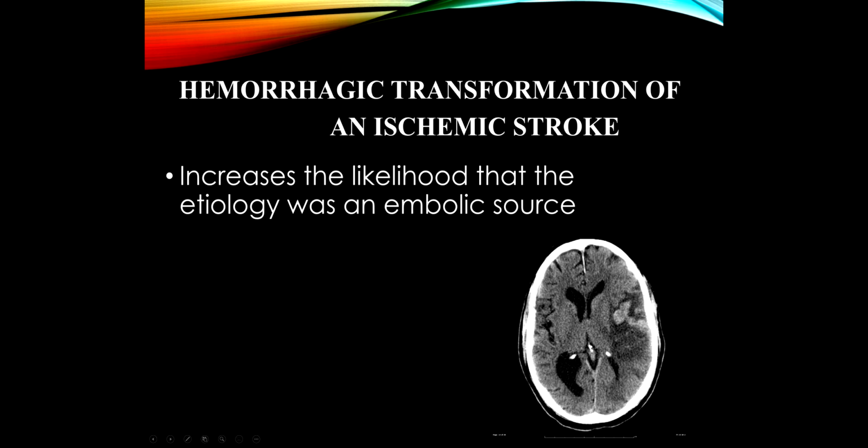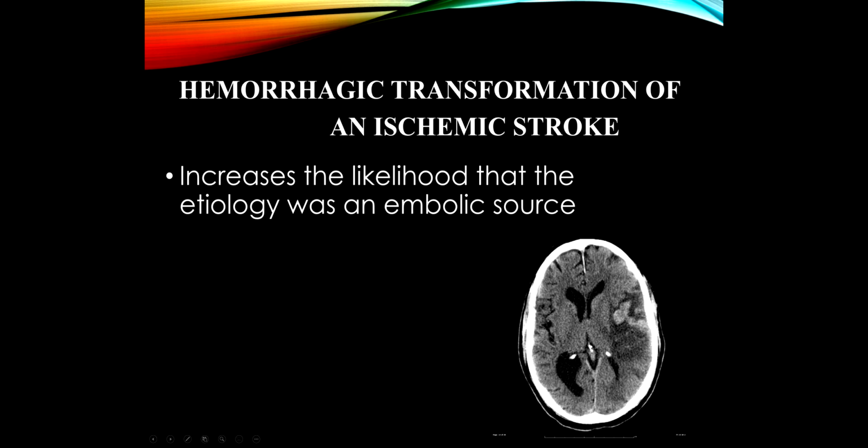And if you see something like this, now this looks like the middle cerebral artery vascular territory, right? The dark area is ischemic, but notice we have acute hemorrhage into the area of ischemia. If you see an ischemic stroke with blood components, it's most likely an embolic stroke, like from atrial fibrillation.